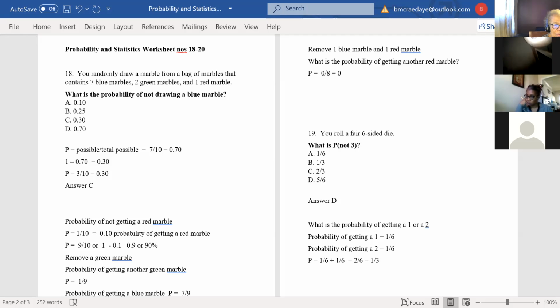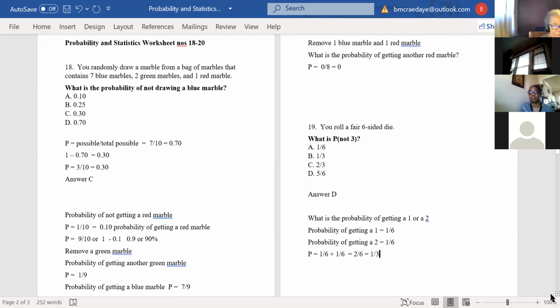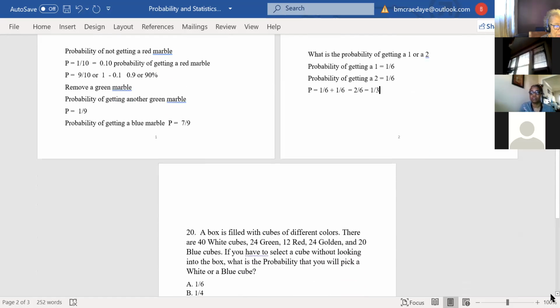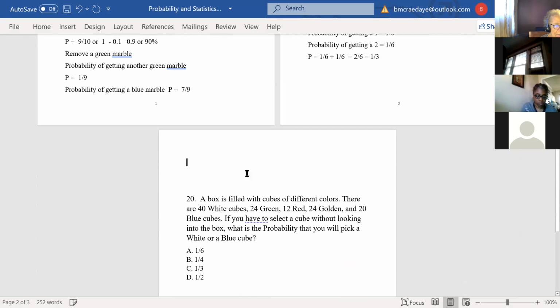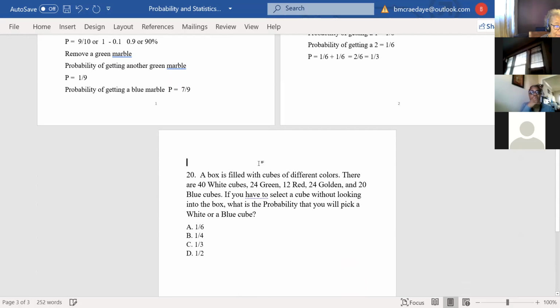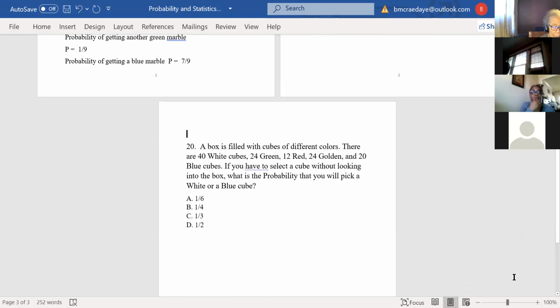Questions? No. I think we had one more. 20. Okay, what about 20? What's the probability you pick a white or a blue? A box is filled with cubes of different colors.